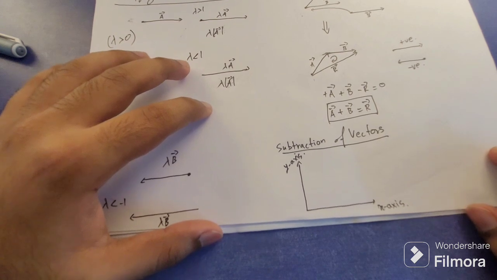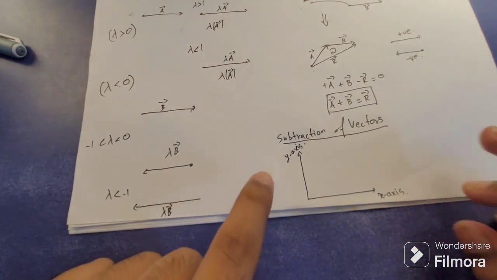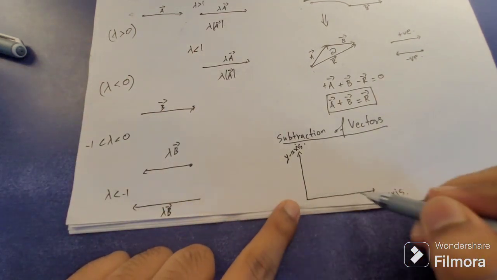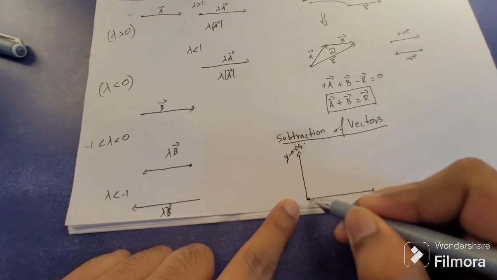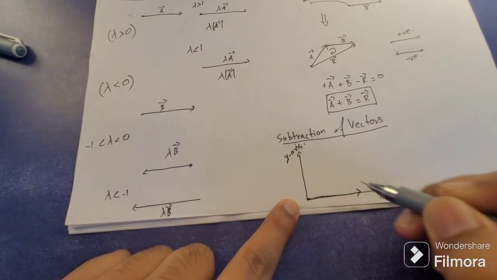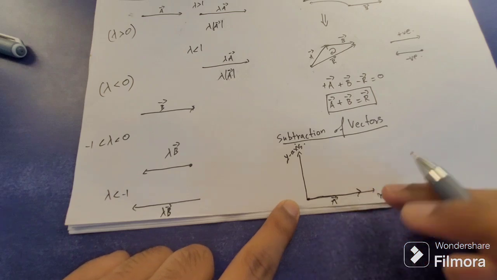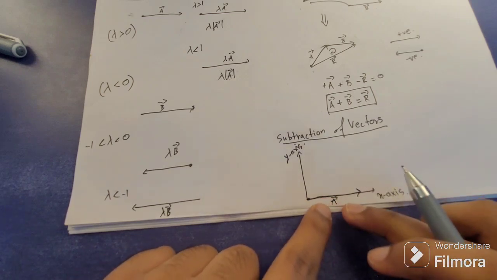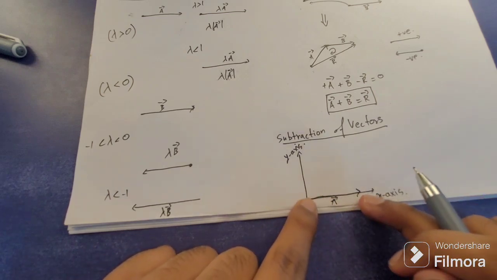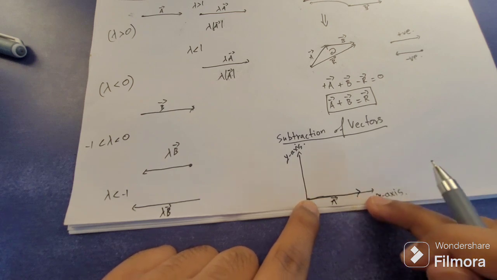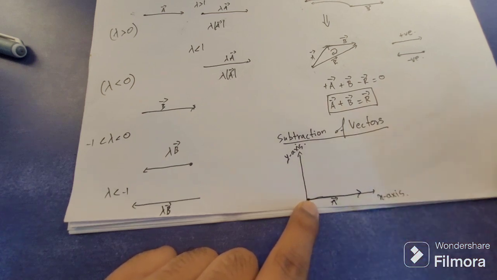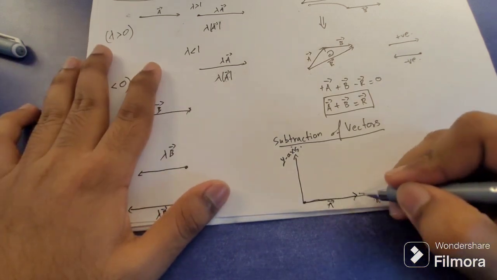Now let us say that I have a vector, a vector, which is acting along the x-axis. I'll represent it like this. I hope all of you are able to see this. Let us say this is the a vector which is acting along the x-axis, and let us say this is b vector.